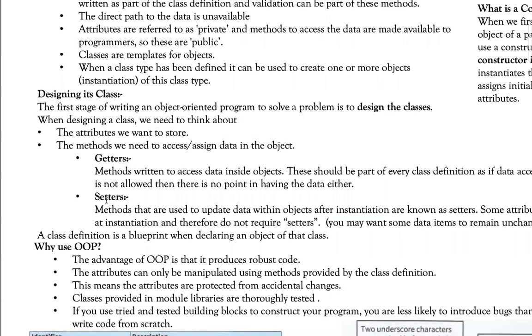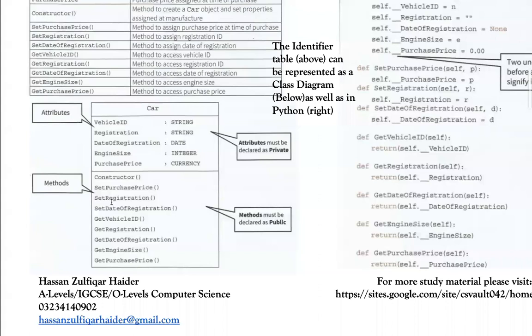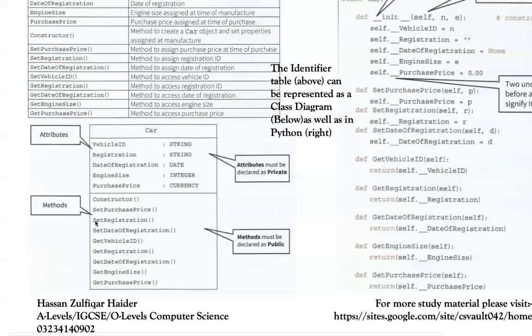The other type of method is the setter function. These setter methods, functions or procedures allow me to make changes to particular fields. As you can see in this class diagram, I only have setter methods for purchase price, registration and date of registration.